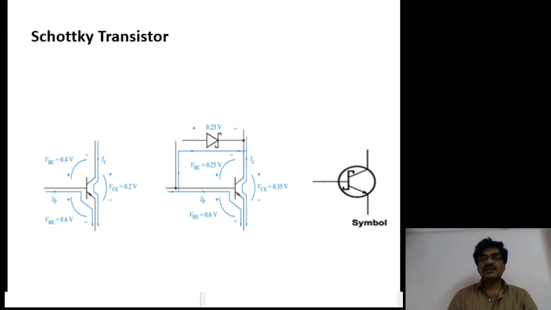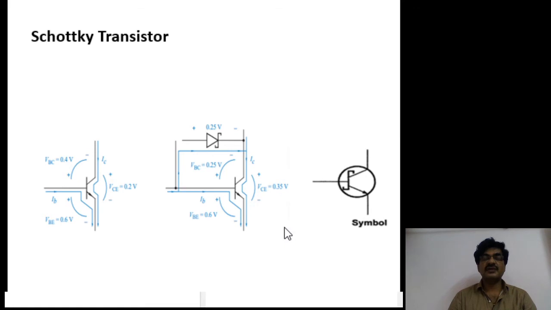Without the Schottky transistor, the saturation collector to emitter voltage, that is VCE, is 0.2 volts. With the Schottky diode between collector and base, the VCE voltage is around 0.35 volts.